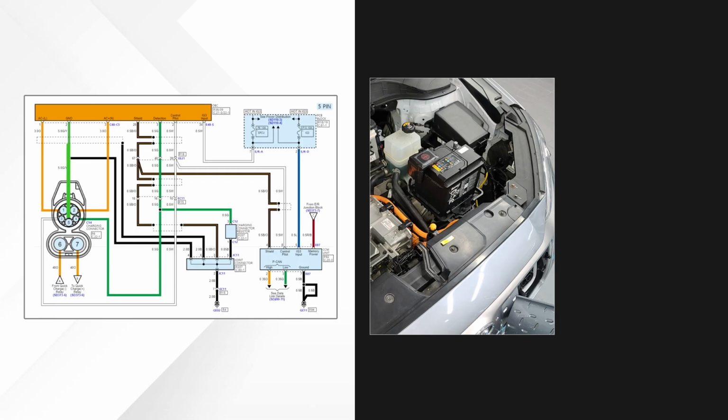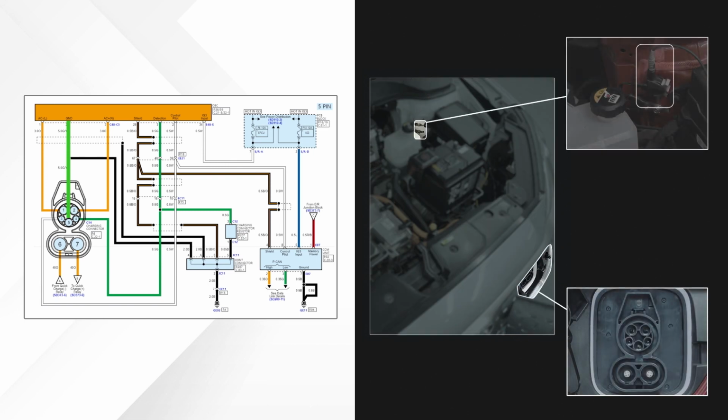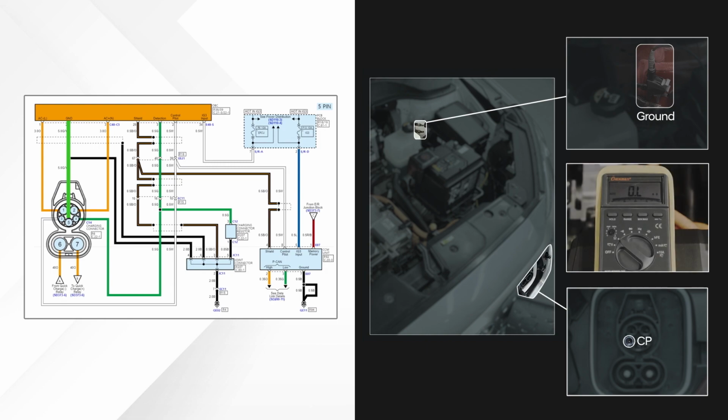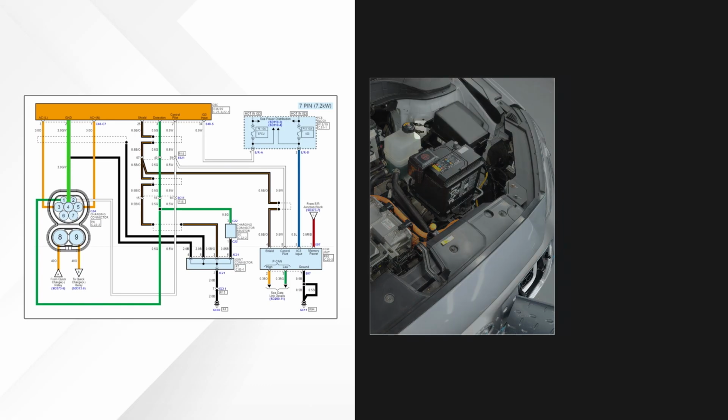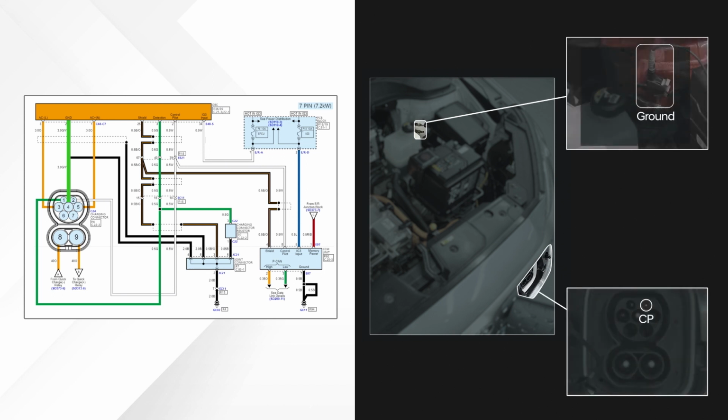In the same manner, a short circuit test should be performed with the minus terminal of the 12-volt battery and an OBC connector disconnected. If the measured resistance between the CP signal line and the vehicle ground is infinity, it is normal.